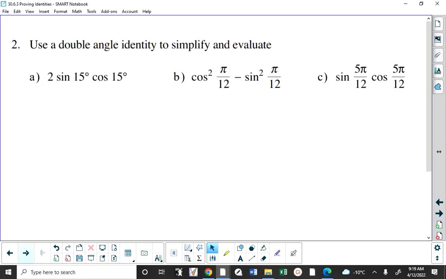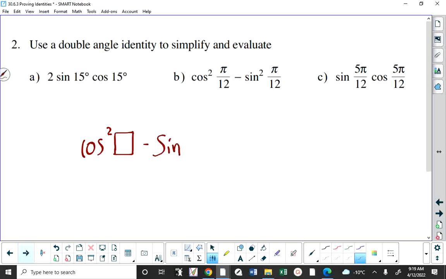So use a double angle identity to simplify this expression. You should recognize, forgetting for a second here, Ian, about the pi over 12, what we are seeing here visually is cos squared of some argument minus sine squared of some argument, right?